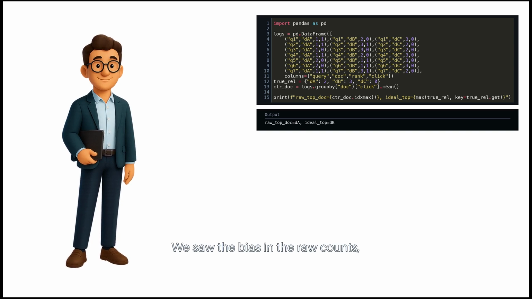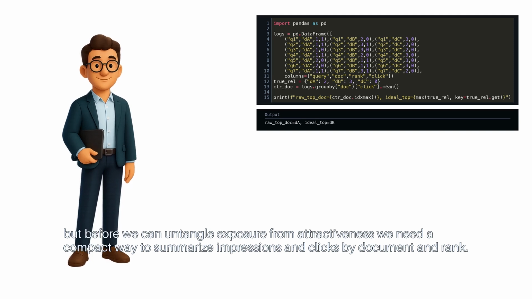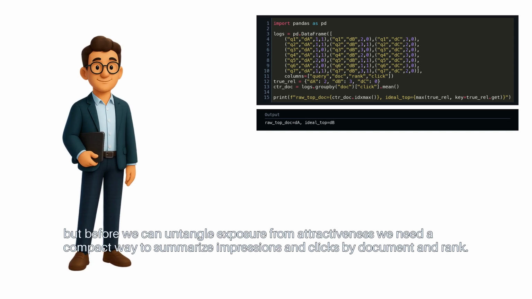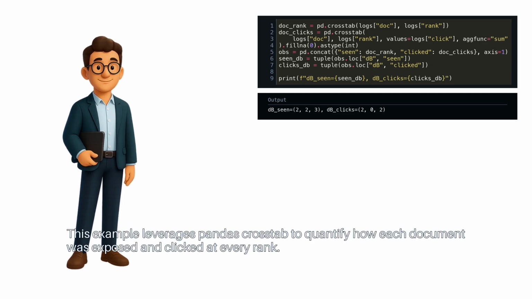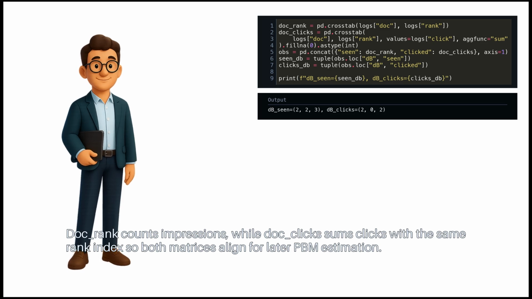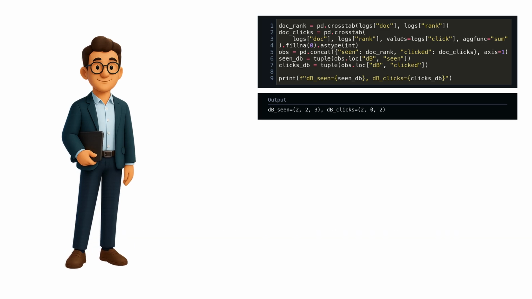We saw the bias in the raw counts, but before we can untangle exposure from attractiveness, we need a compact way to summarize impressions and clicks by document and rank. This example leverages pandas crosstab to quantify how each document was exposed and clicked at every rank. Doc_rank counts impressions, while doc_clicks sums clicks with the same rank index, so both matrices align for later PBM estimation.